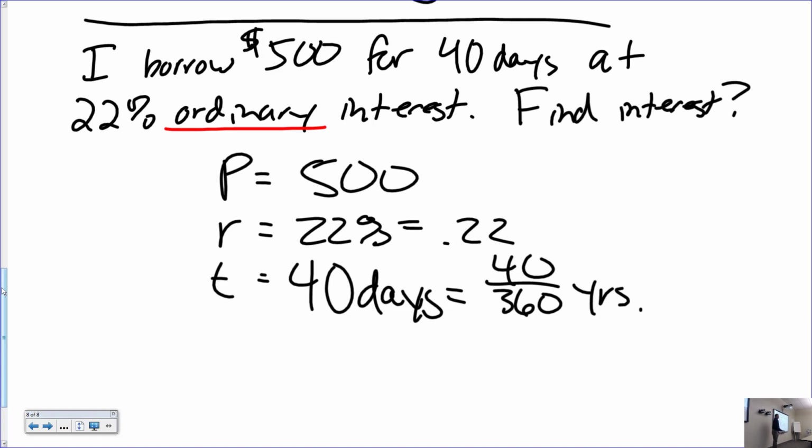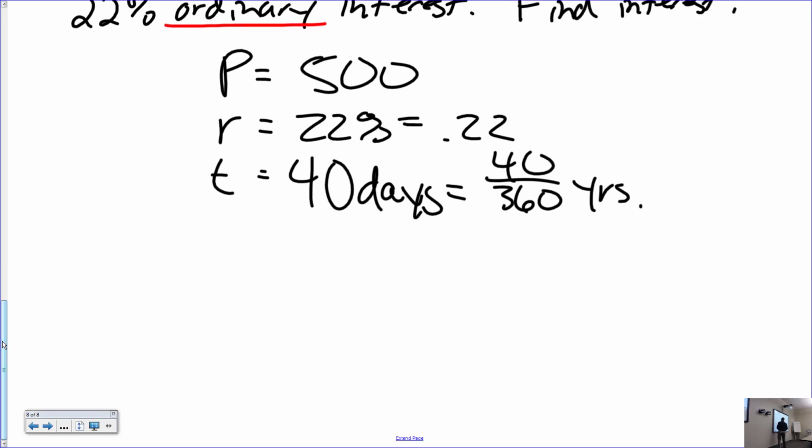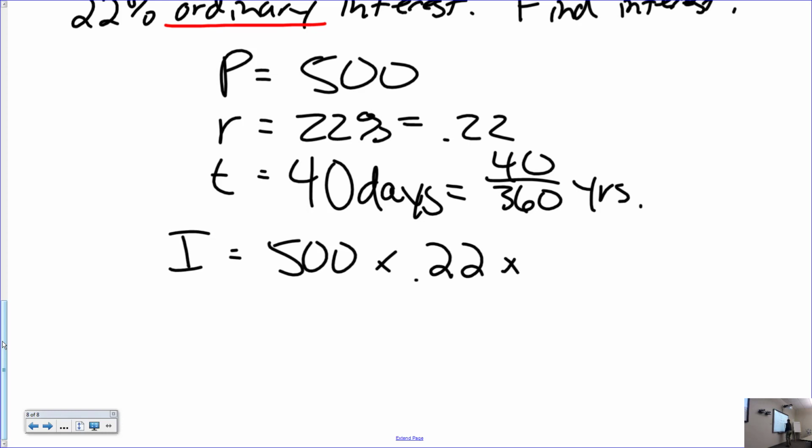Okay. So don't round, don't convert this to a decimal and round it, because then you will probably be off by a penny or two, and then you start getting sued by the SEC. I got 0.1 repeating. Now, once you get to dollars, then you can round, right? So you're going to say, oh, interest, this is 500 times 0.22 times 40 over 360. That's awful.